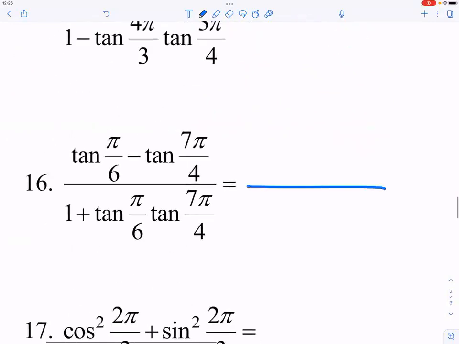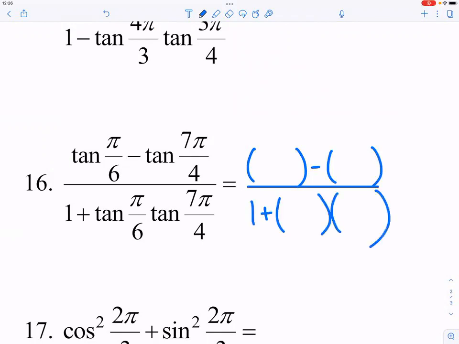Ooh, number 16 is a bit complicated. So for question 16, you again would do this. What is tangent of pi over 6? 1/√3.